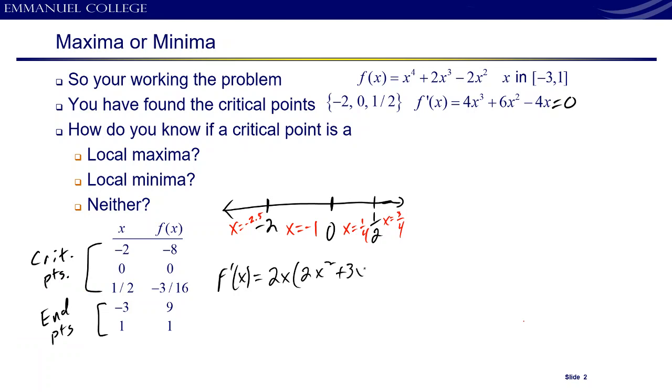Which then we'll factor one more time into 2x times 2x minus 1 and x plus 2.